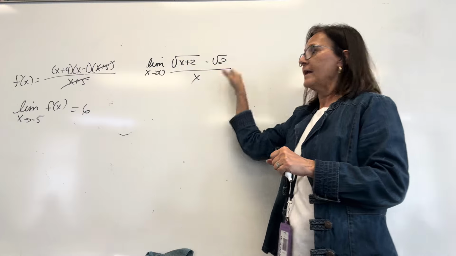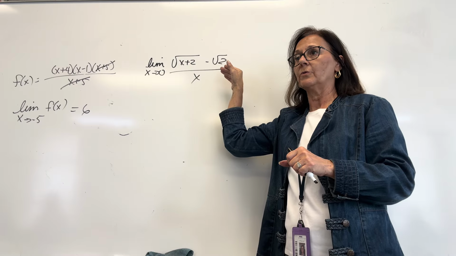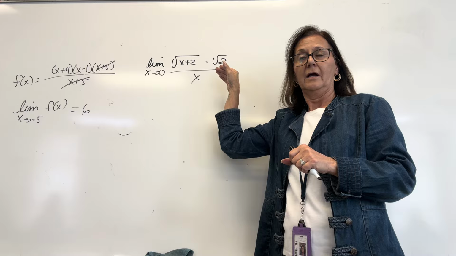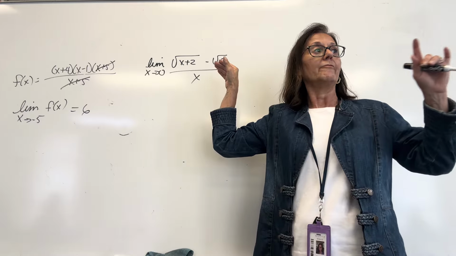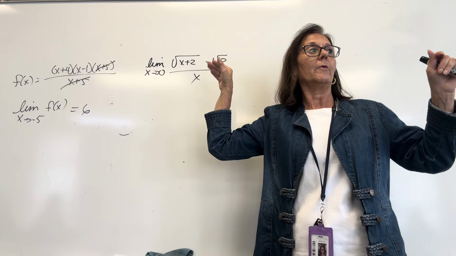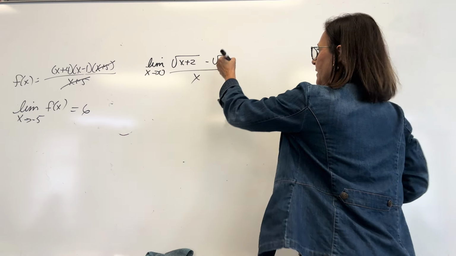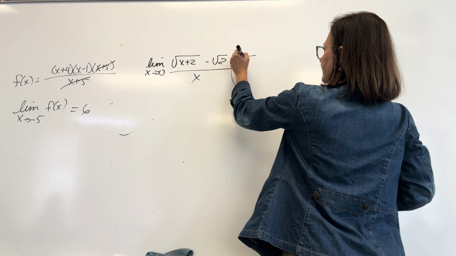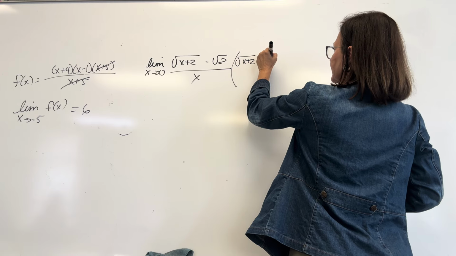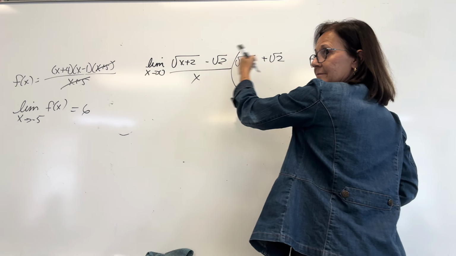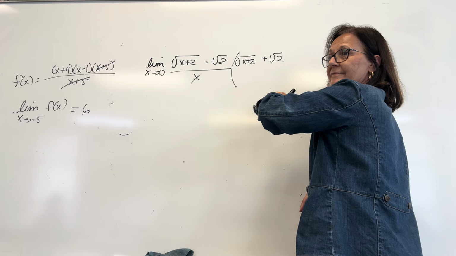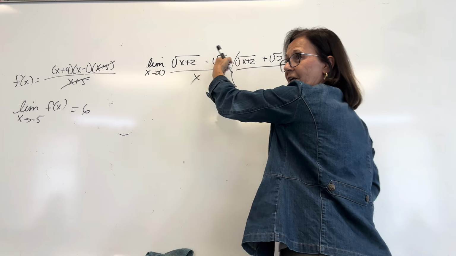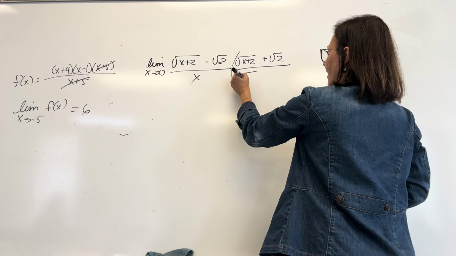So if I multiply this function by the value of 1, do I change it? No. So I remove the discontinuity by rationalizing the numerator. Okay? So I'm going to multiply by the conjugate of the numerator over itself.